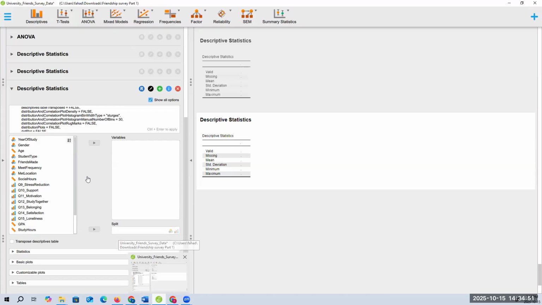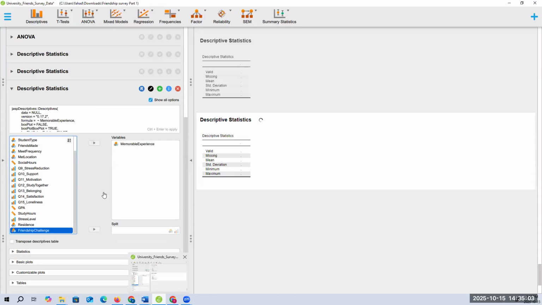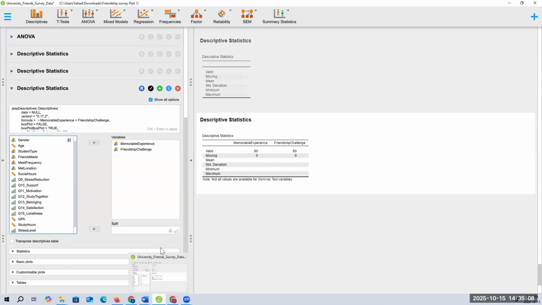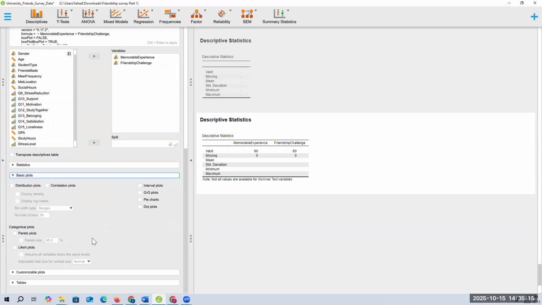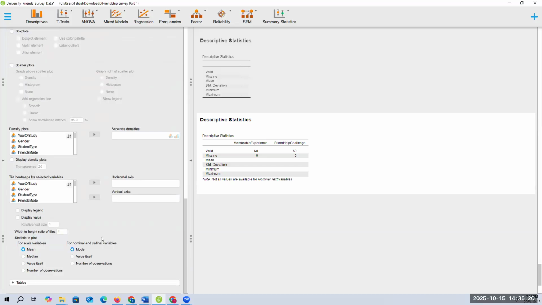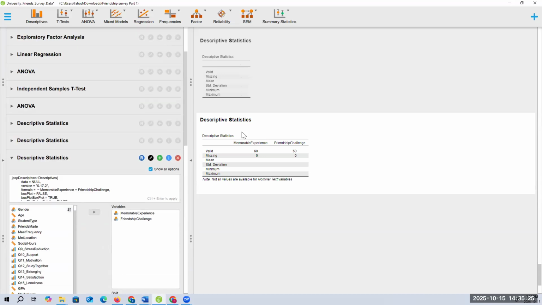So how would I do thematic analysis here? Descriptive statistics, and then I move in memorable experience, and then I have friendship challenge, and I can do, let's see, plots. Does it have this variable plots, customized plots? No, it doesn't have any thematic analysis in JASP.